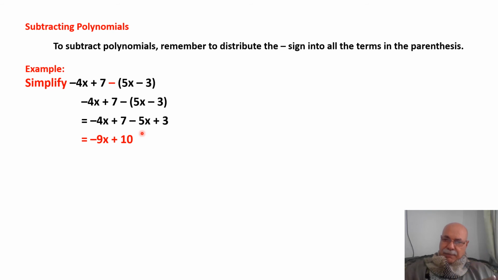You add 4 numbers in it: minus 9, plus 7, plus 3 is plus 10, because he said simplify.